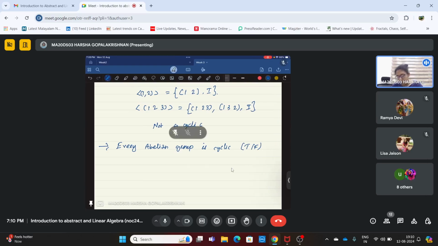This is false. That means an abelian group need not be cyclic always. So can anyone give an example of an abelian group which is not cyclic? Any idea?